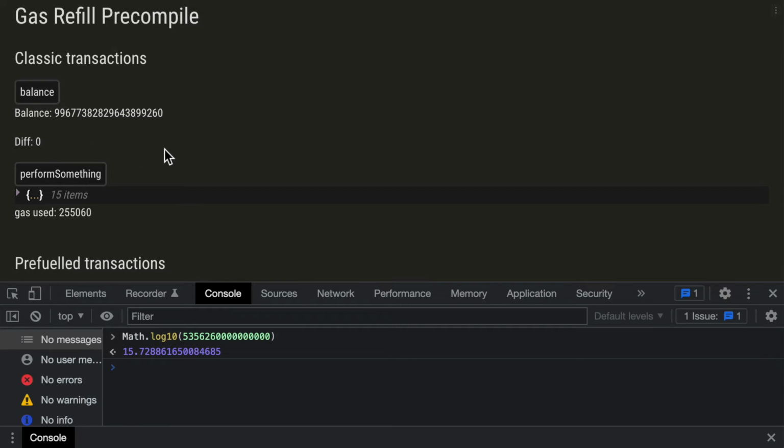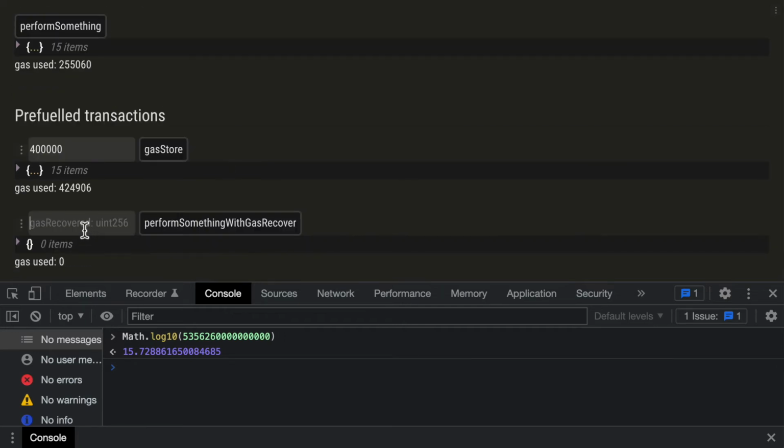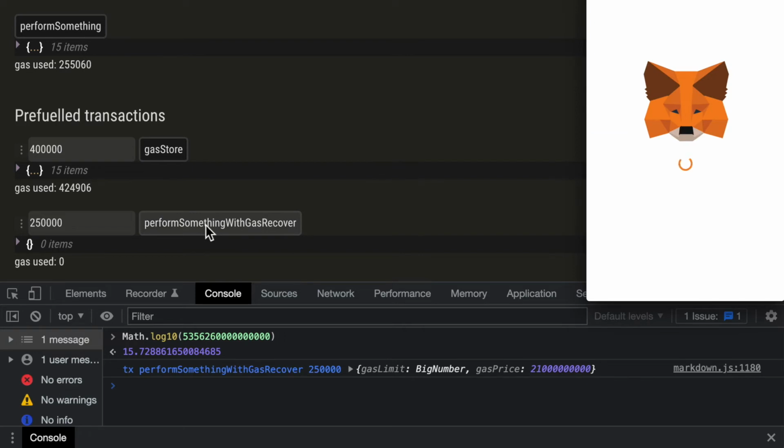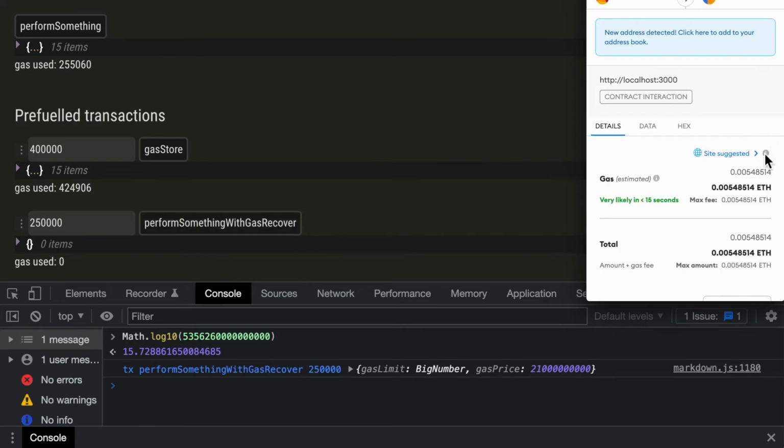Let's leave this difference at 0 and let's execute perform something with gas recover, and we will request 250,000 gas units. With a gas price of 21 Gwei.